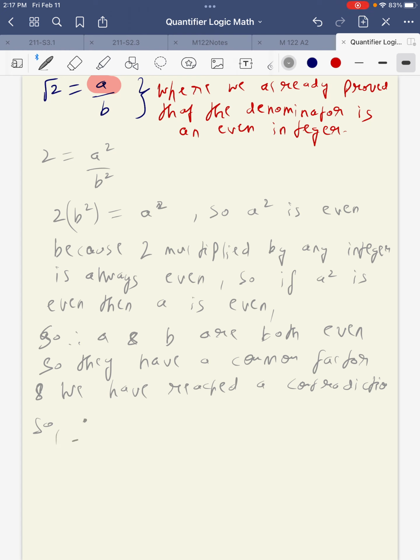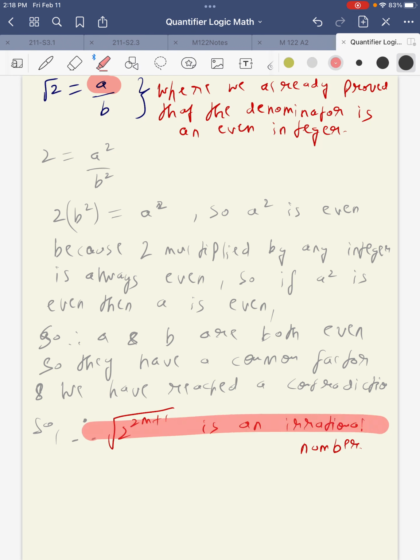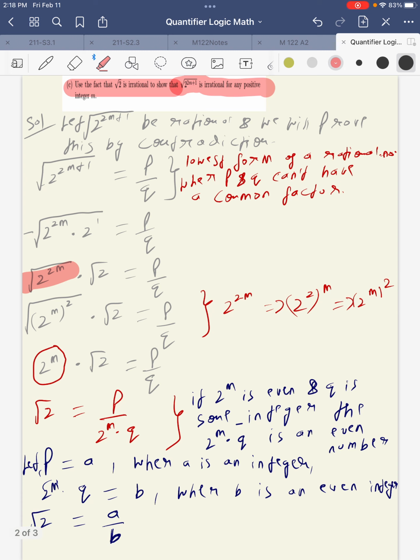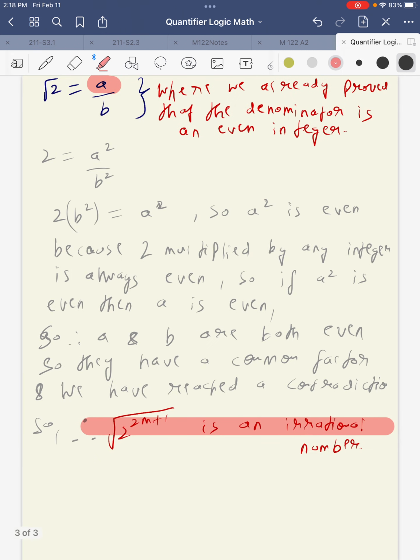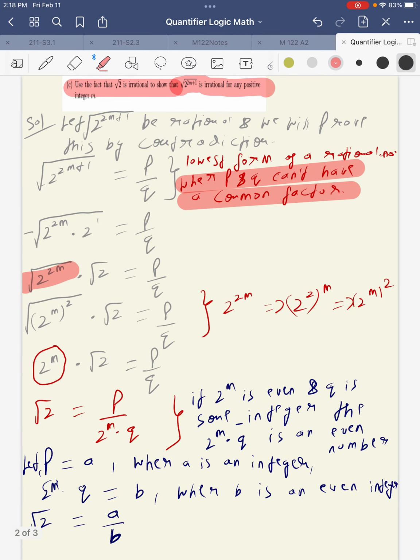Therefore, the square root of 2 to the power 2m plus 1 is an irrational number. So we've proven it. We reached this right here: p and q can't have a common factor, but they do have a common factor, which is 2. So we reached a contradiction, and therefore it is an irrational number.